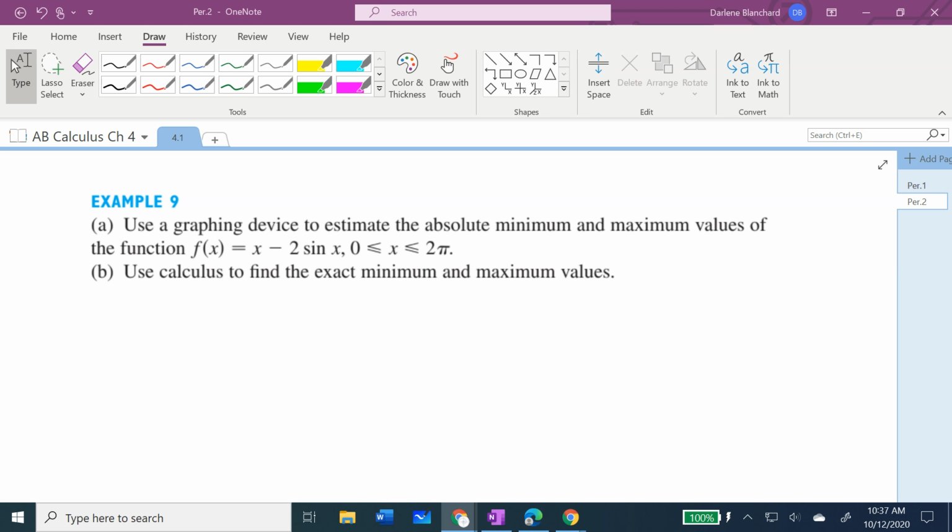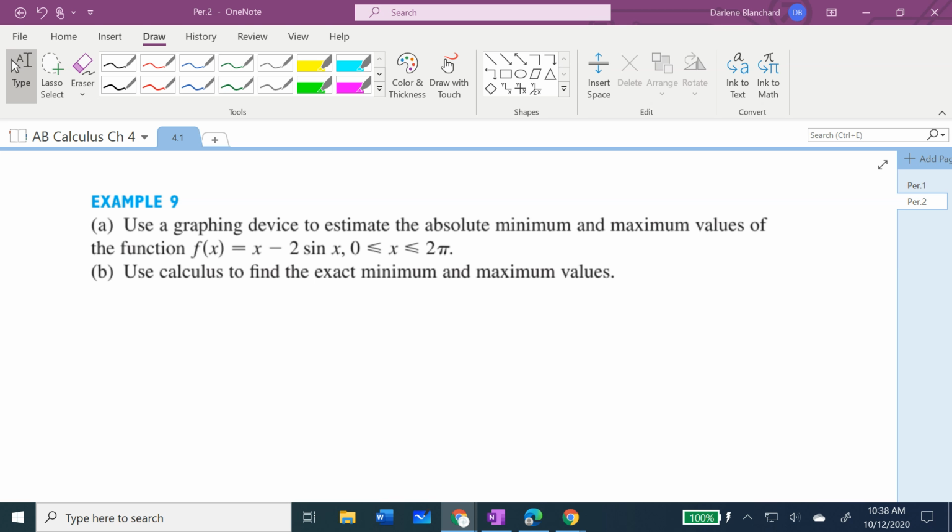It's asking me for a left bound. So I am to the left. I push enter. Then it asks me for a right bound. I use my right arrow and I go over until I am to the right of that low point. And then I push enter.